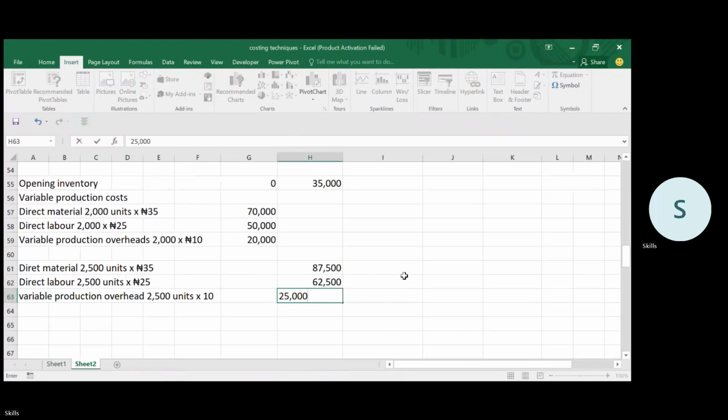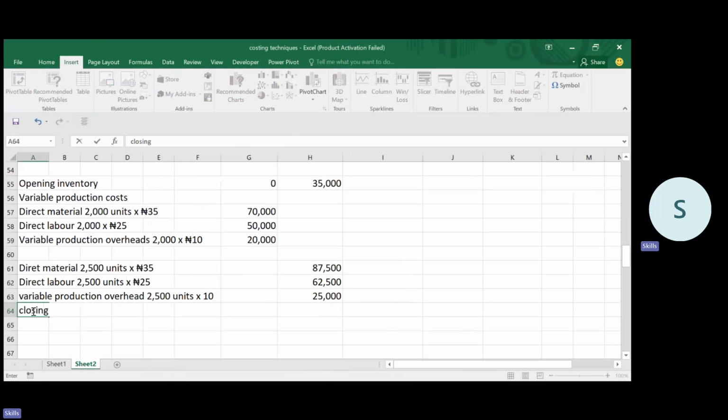So now, we have closing inventory for July because we produced 2,000 and we sold 1,500.